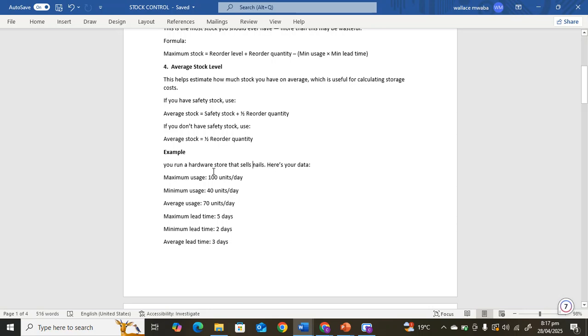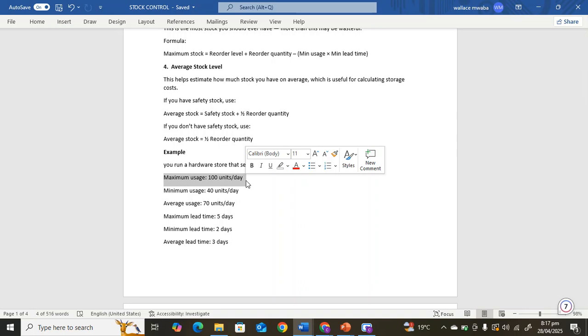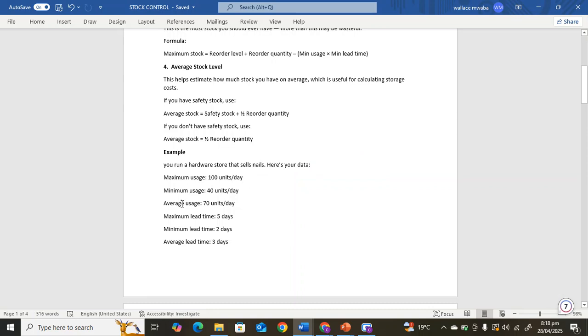Maximum usage is 100 units a day, so the most nails you can sell in a day is 100. Minimum usage is the least amount of nails you can sell that day. For this shop, on a bad day, they sell at least 40 nails. Average usage, on average how many nails get sold, is usually 70.